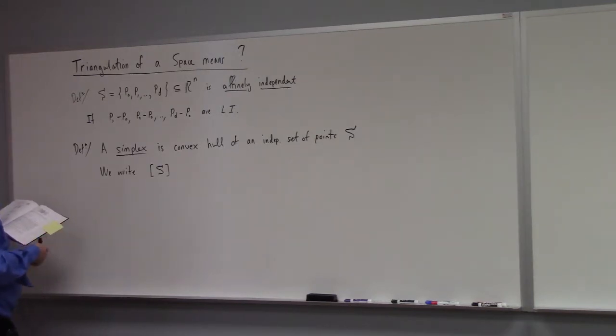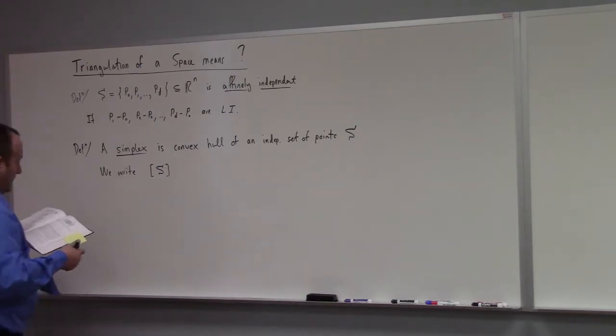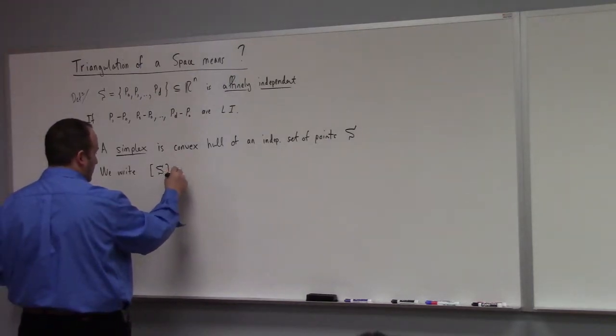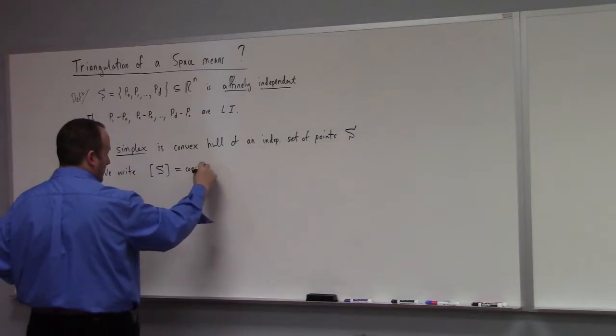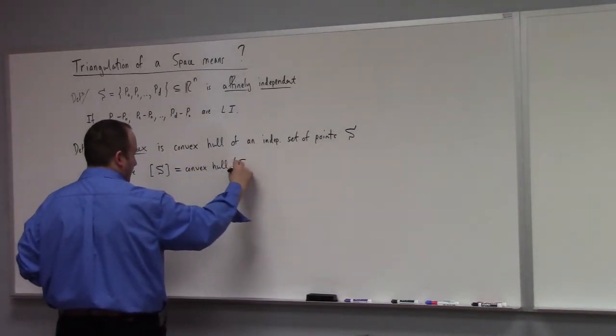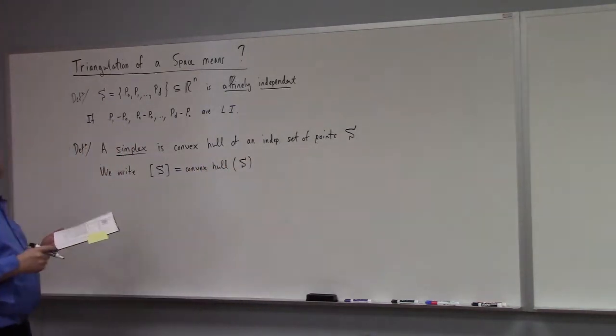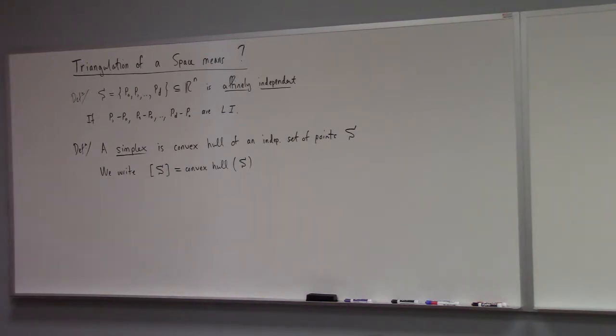That denotes the simplex determined by the set S. The convex hull is the smallest convex set which contains the set of points S. So you could think of it as the intersection of all possible convex sets which contain those points.